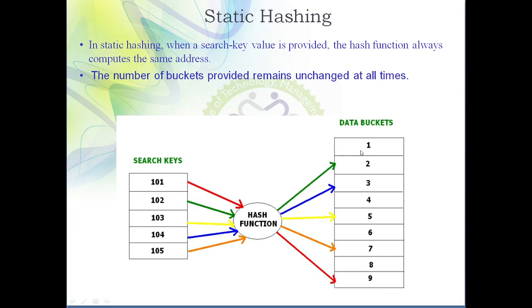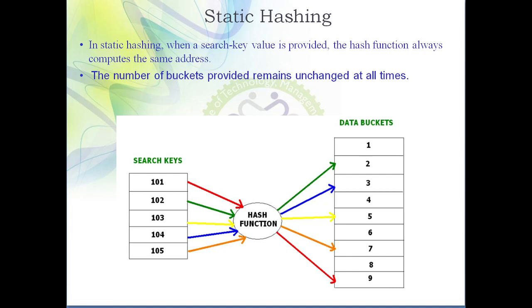That means though you generate the hash value n number of times, it will generate the same hash value. That is why it is called static hashing. Static means fixed. The hash function always computes the same address for the same search key. If we talk about 101, it generates remainder 1 and that 101 will always be stored in bucket number 1. So this is static hashing.